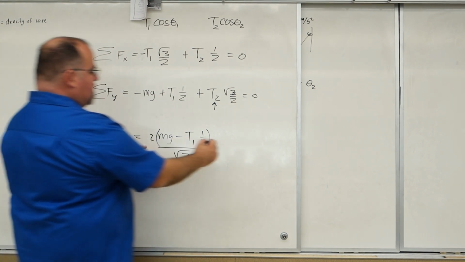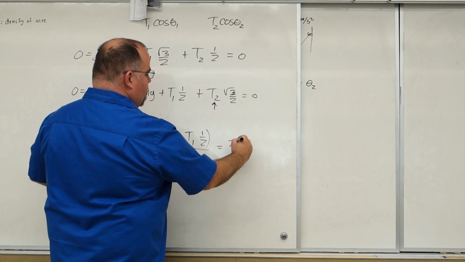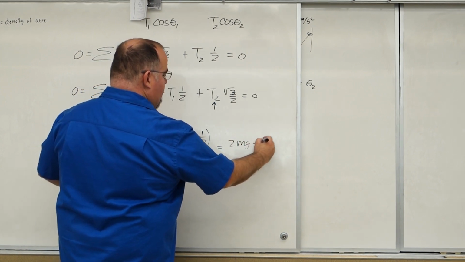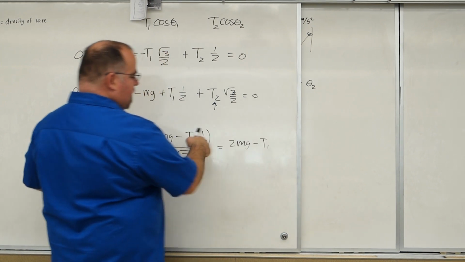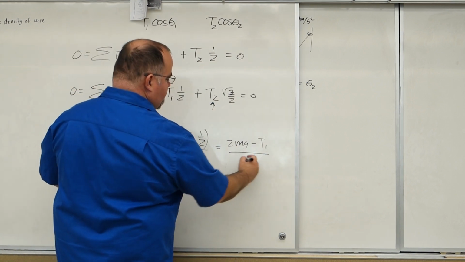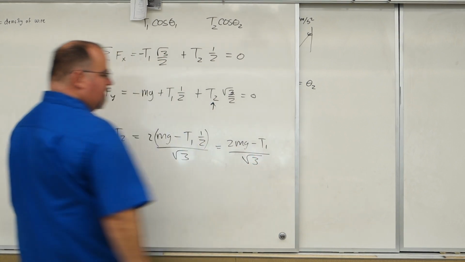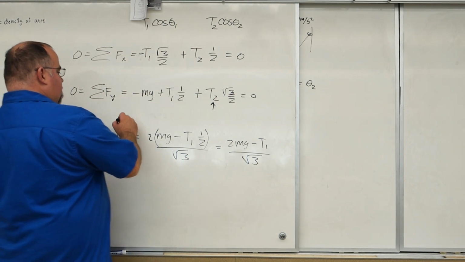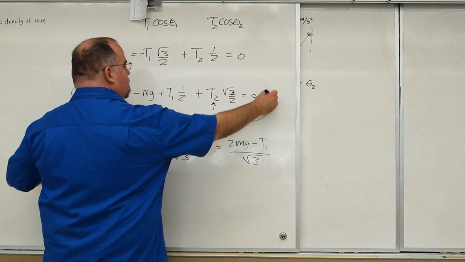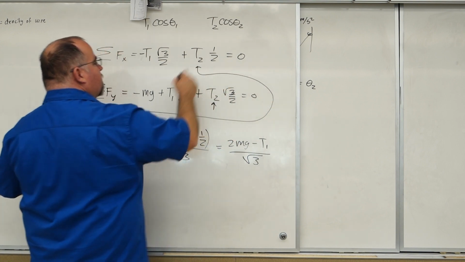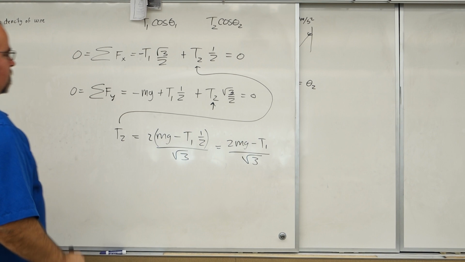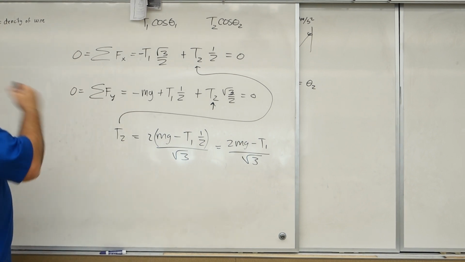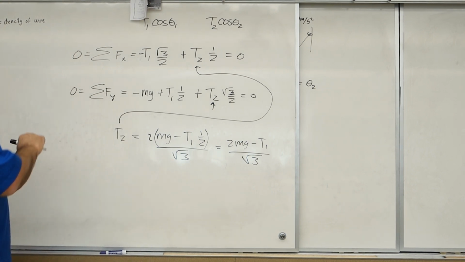Now I can simplify a little bit. 2mg minus T1, and that kills this 1/2 thing here, but I still got this over the square root of 3. Now I can take this and plug it in here. But before we do that, let's solve for T1.